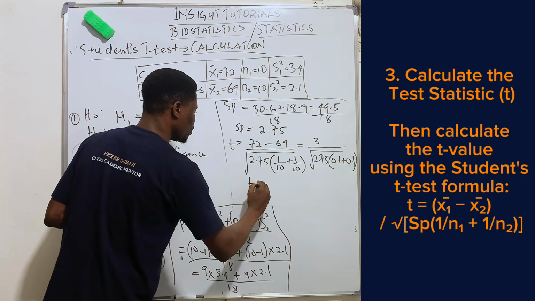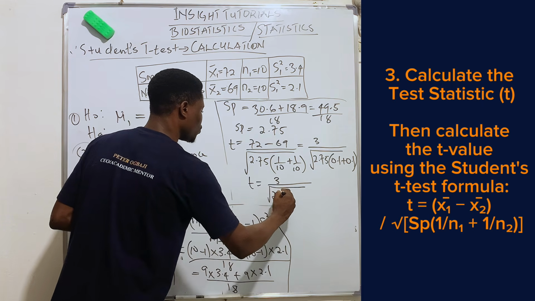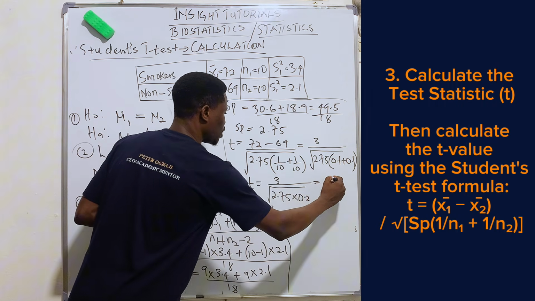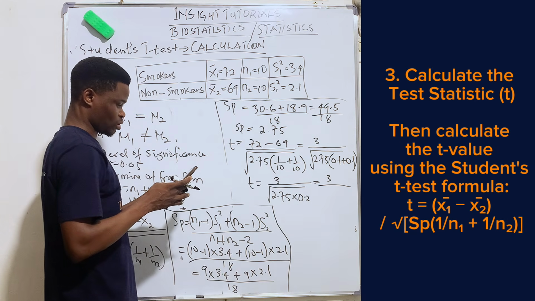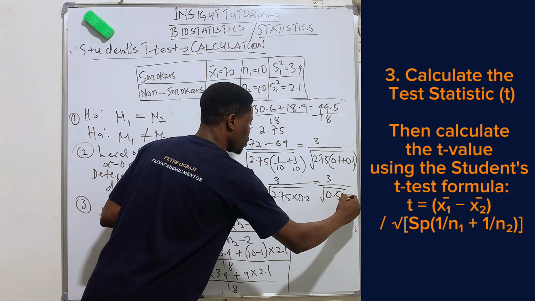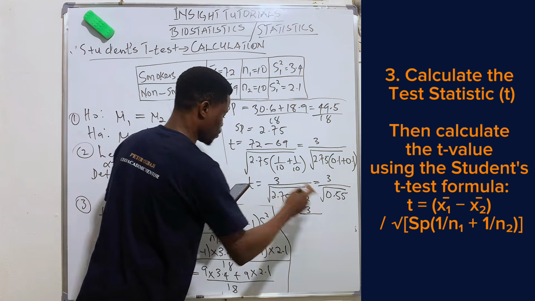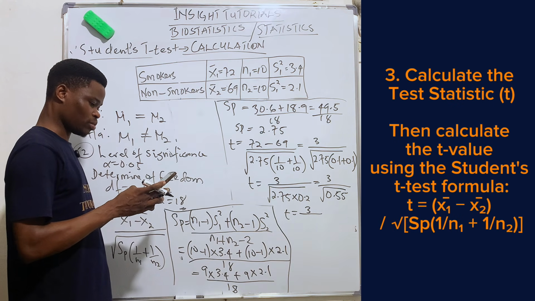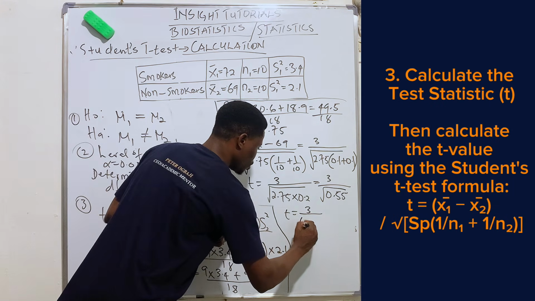So we have the t value to be 3 all over the square root of 2.75 times 0.2. And if we do that, 2.75 times 0.2, we get the square root of 0.55. Our t value is going to be 3 all over the square root of 0.55. The square root of 0.55 is 0.742.